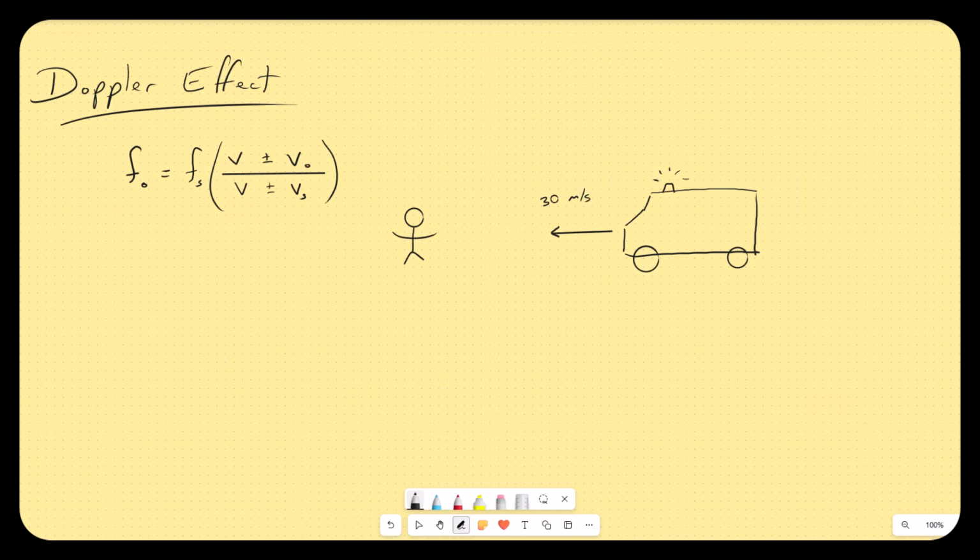The ambulance makes a sound. Frequency of the source is going to be 600 hertz. And I want to know, what do I hear?